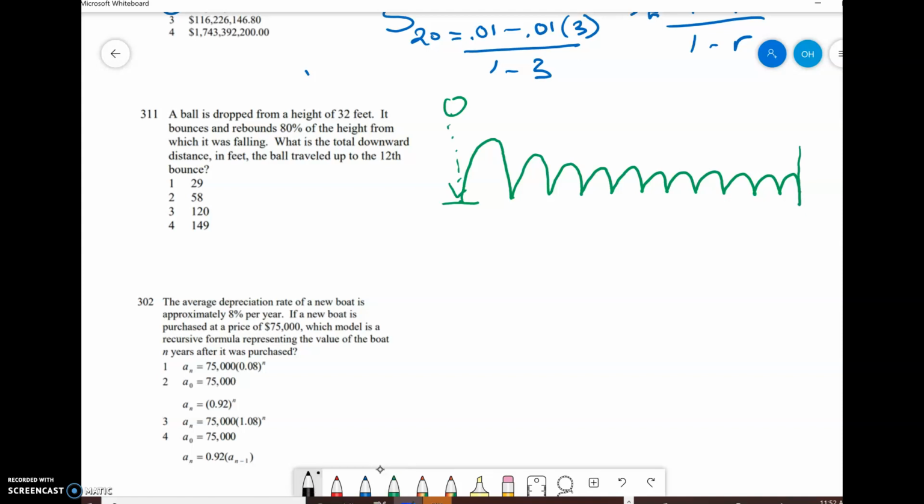If I count all the downward times, it's 1, 2, 3, 4, 5, 6, 7, 8, 9, 10, 11, 12. So basically we have 12 terms. With each bounce, it goes 80% of the height. If a sub 1 is equal to 32, then once it bounces, it's only going to reach 80% of that height.